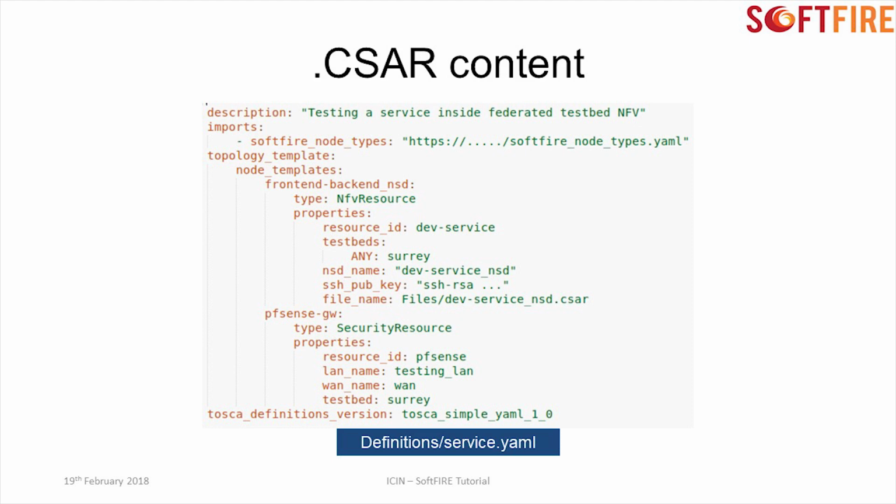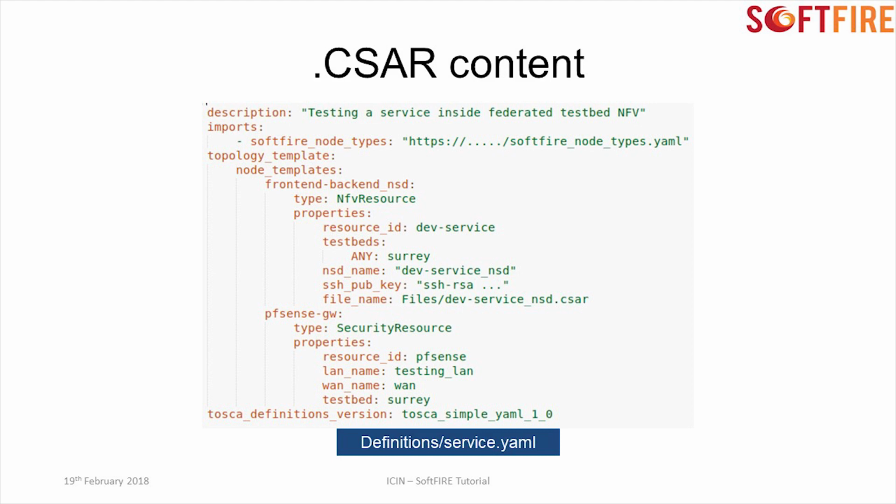The firewall gateway is deployed using a security resource of type PFSense. PFSense is an open source firewall gateway, and we can see also that we can specify the name of the network used by the gateway.